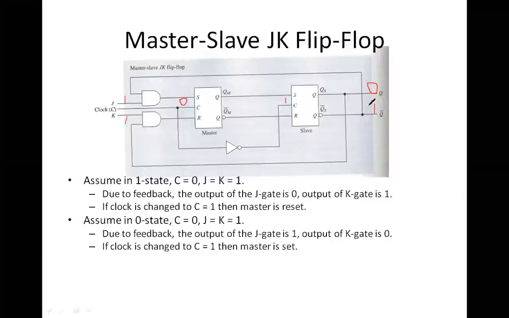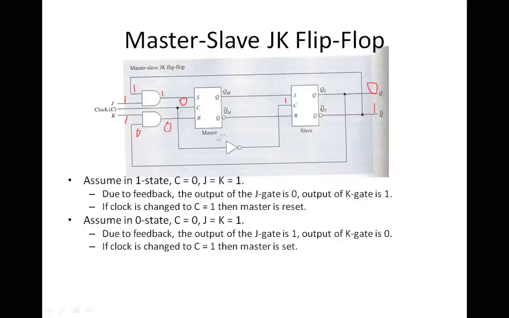Now that we know 1 is going to come here, I'm going to have a 1 here, and then 0 is going to come here, so I'm going to have a 0 here. So 1 into 0, 0.